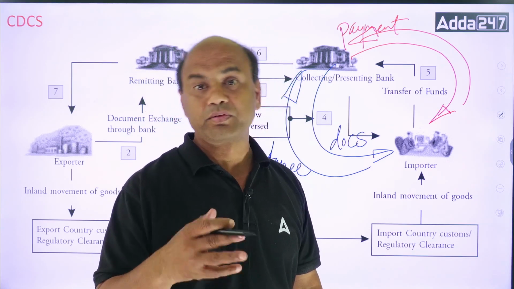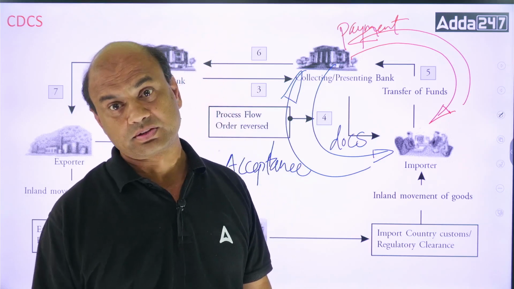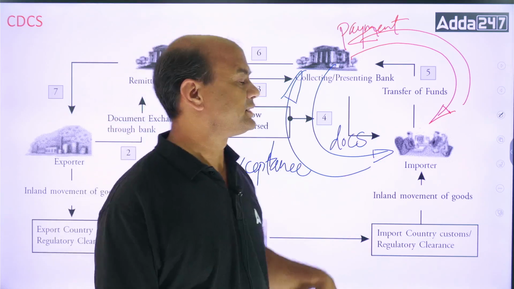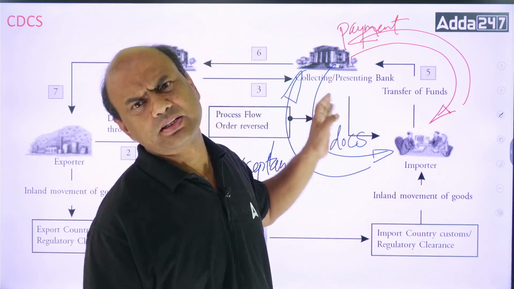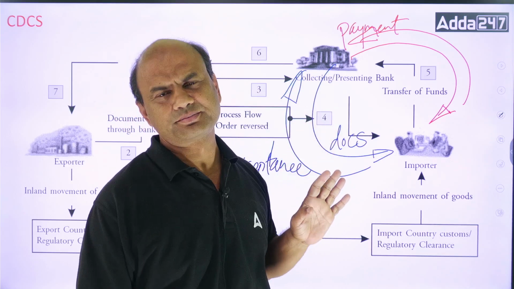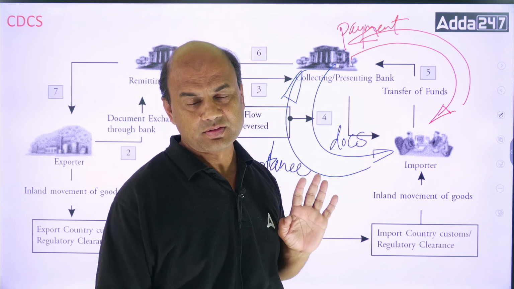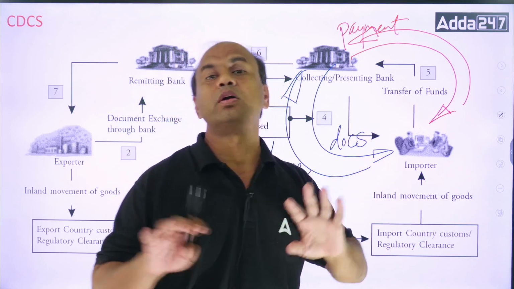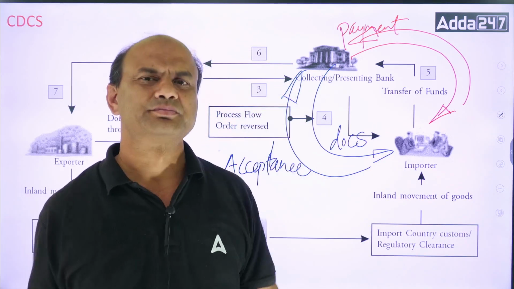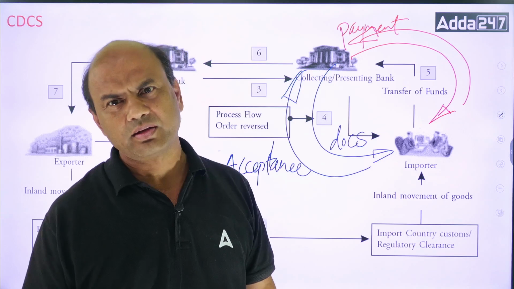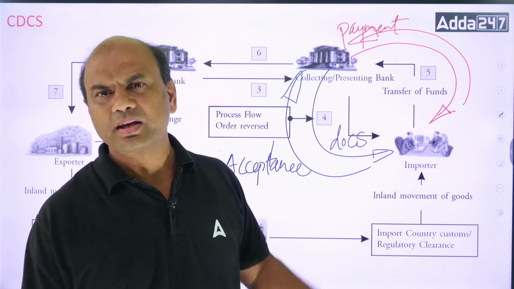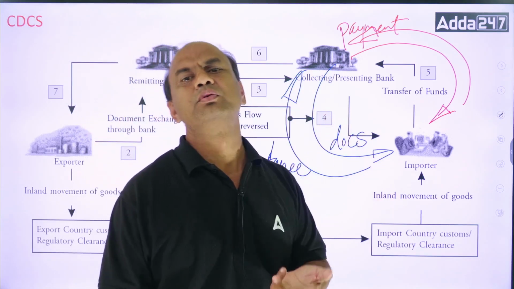In DA, reverse. In DA, the importer will give an acceptance that I will pay you after 30 days. But imagine if this importer does not pay after 30 days and runs away. Don't they run away? Many of them run away. What can you do?